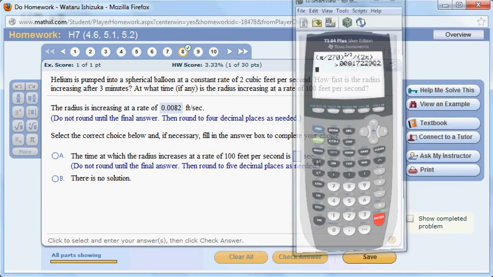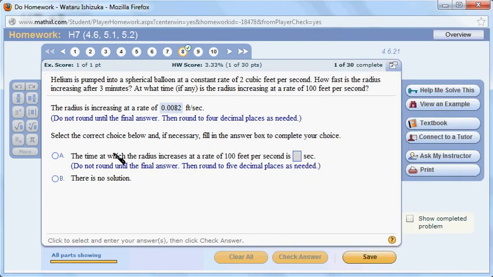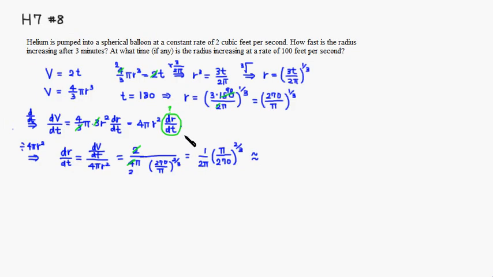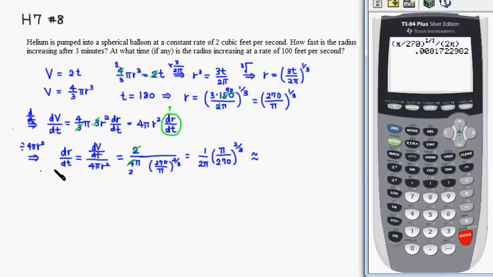So the next question is the time at which the radius increases at the rate of 100 feet per second. Actually, for the previous part, the answer I had was 0.0082.